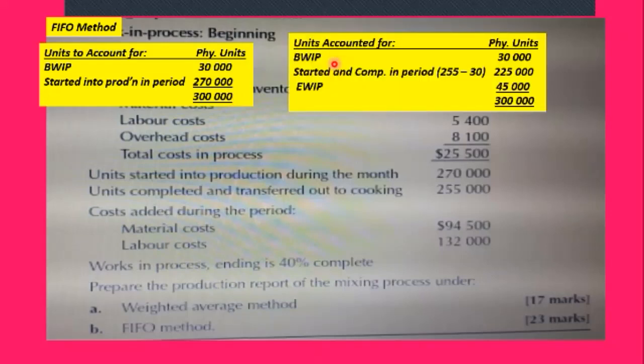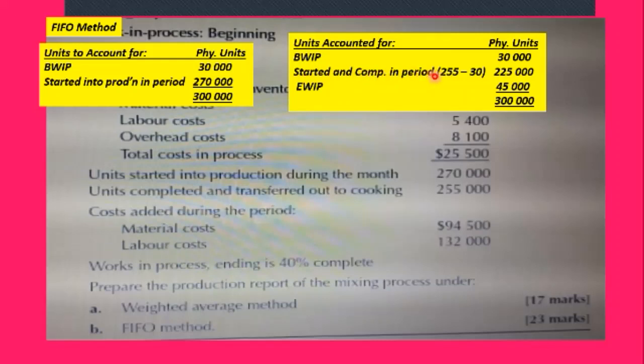When you're using FIFO, you have to account for them in order. The beginning work in process, 30,000. You started and completed in the period. Notice they must fulfill these two criteria: they must be started and completed in the period.